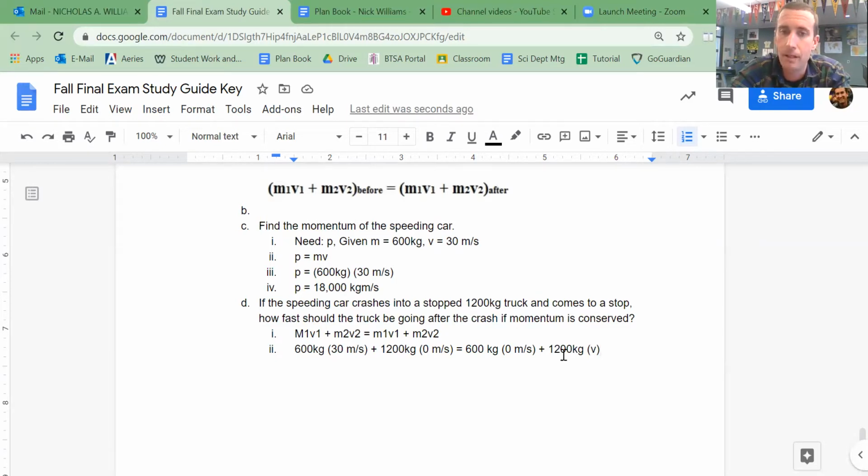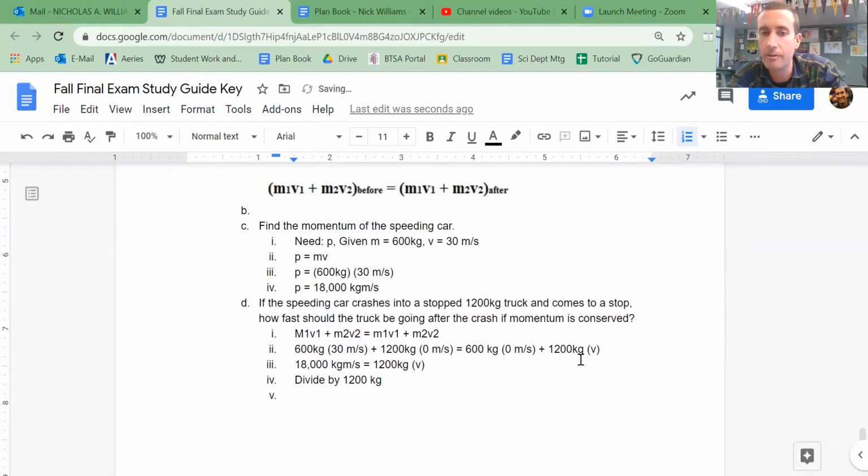If I simplify here, 600 times 30 is 18,000 kilograms meters per second, plus 1,200 times 0, which is 0, equals 600 times 0, which is 0, plus 1,200 kilograms times velocity. Now I need to divide both sides by 1,200 kilograms.